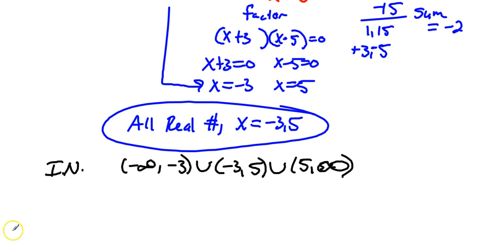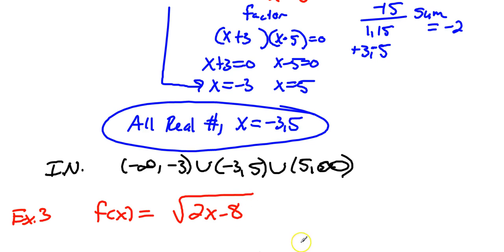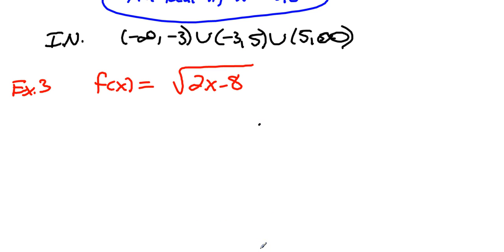Let's get you one with a radical here. So let's say you've got 2x minus 8 inside the radical.